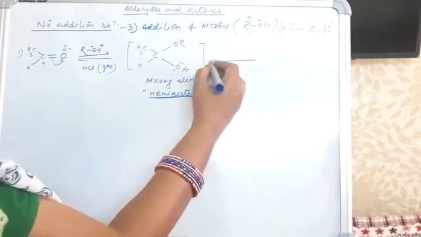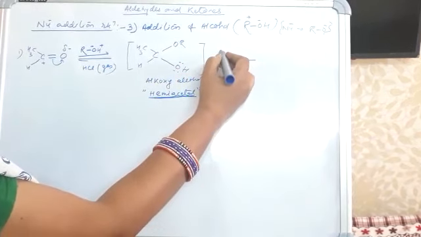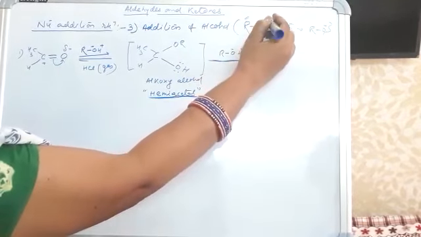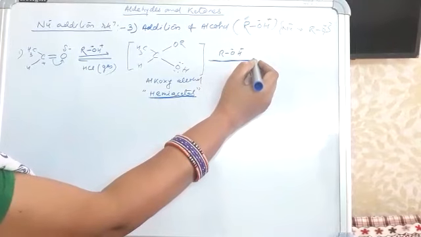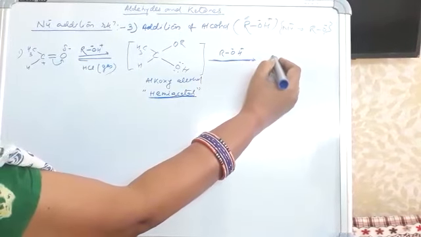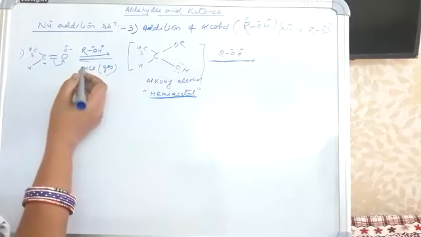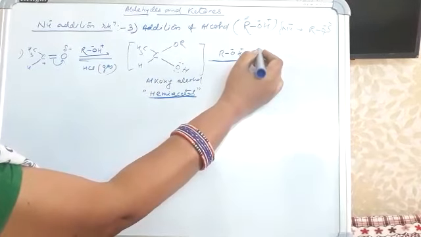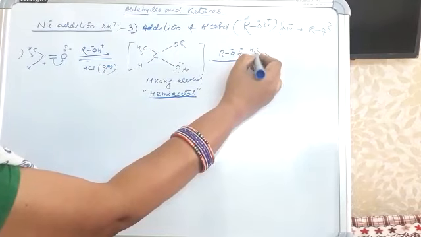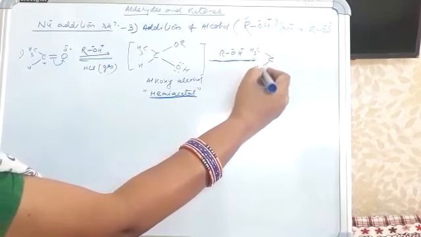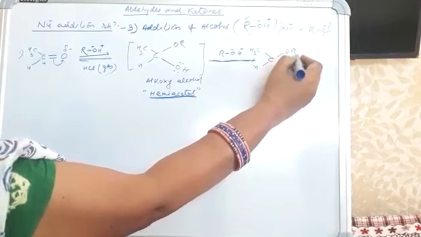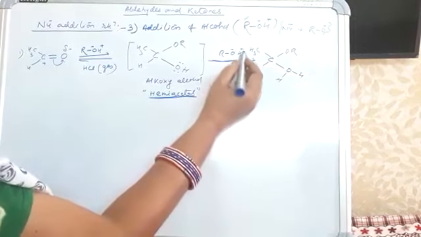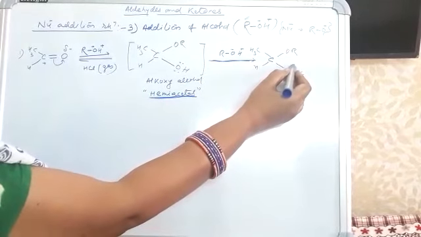What happened? This compound again reacts with another alcohol molecule. Then the same mechanism proceeds. Here oxygen protonates, taking OH and oxygen.